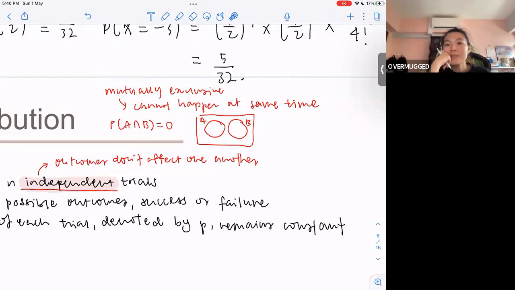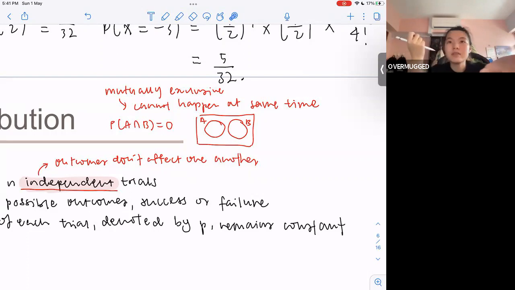But for independent events, the outcomes don't affect one another. So what would be an example of a non-independent event? Let's say I have a deck of cards and I take out a card, and my definition of success is getting a king. I take out a card and it's the 4 of hearts, and then I ask you to pick a card.